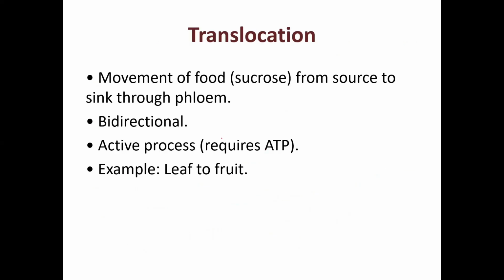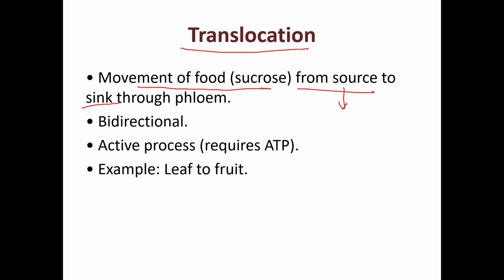Translocation. Lastly, translocation is the transport of food, basically glucose, from the leaves to other parts of the plant through the phloem. This movement happens both upward and downward, unlike water transport, which is only upward. So, translocation is the movement of food, sucrose, glucose and nutrients from source to sink.